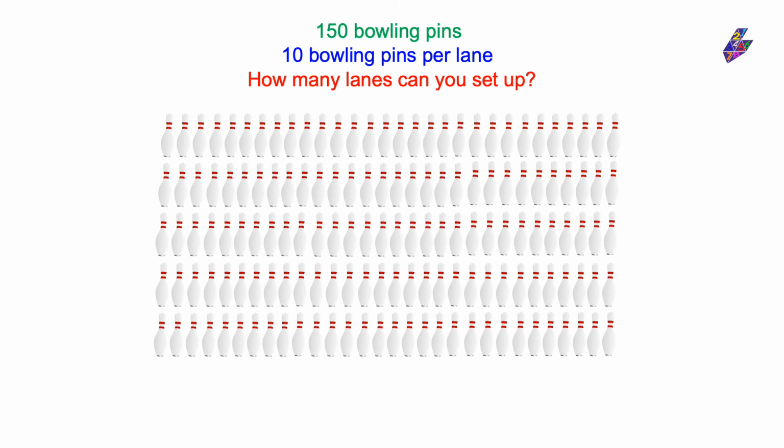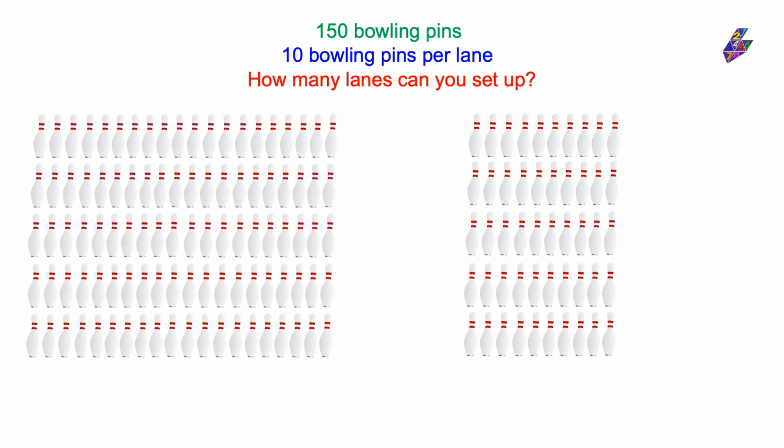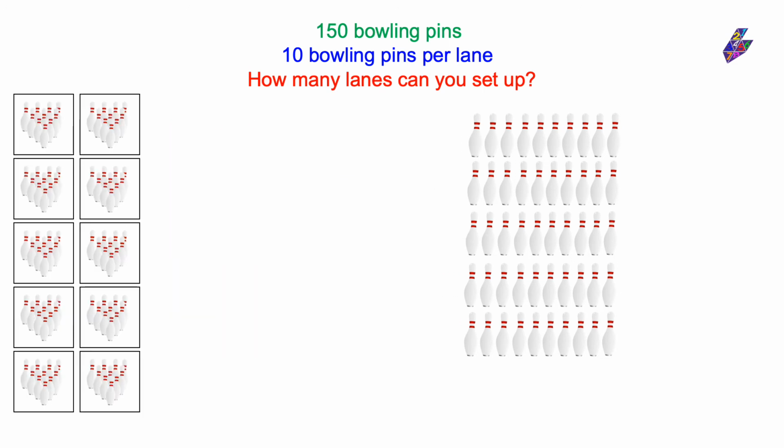Another way you might have solved this is thinking about combinations of known facts that you have. For example, you might have known that 100 pins would create 10 lanes, either because we know that 10 groups of 10 is 100, or because we know that 100 divided into groups of 10 will give us 10 groups.